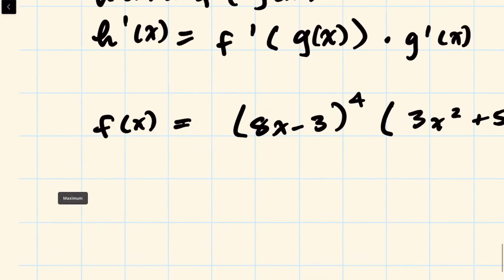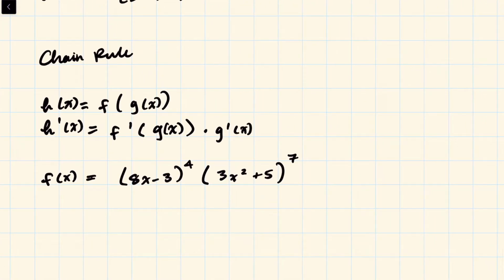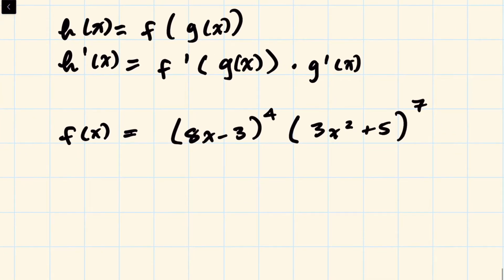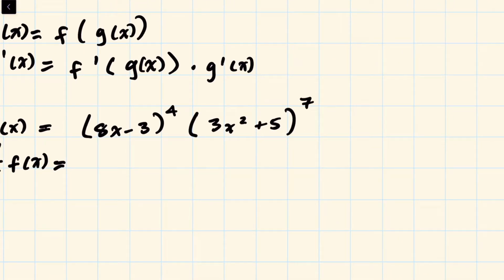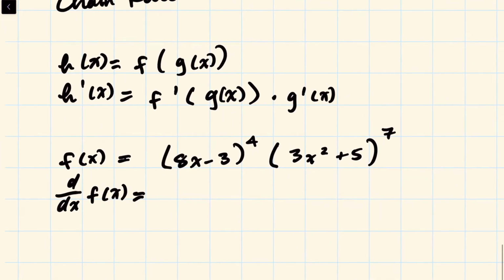For this one we're going to have to use the product and the chain rule, but I'll tell you when I'm applying both of them. So let's do f prime of x. Or instead of f prime of x, you could also write d by dx of f of x, the Leibniz notation. Either way, it still just means the derivative.